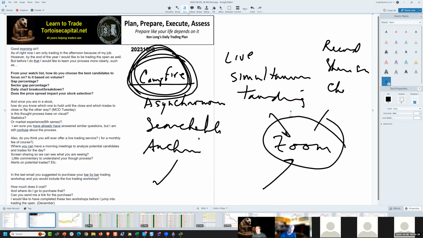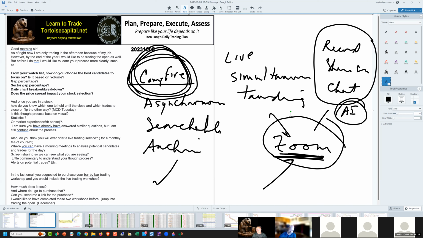It has a live chat, and you can process that. You can have AI do a timeline for you. You can edit the video and smash it down into something useful. So Zoom is a much better way to go about doing that.